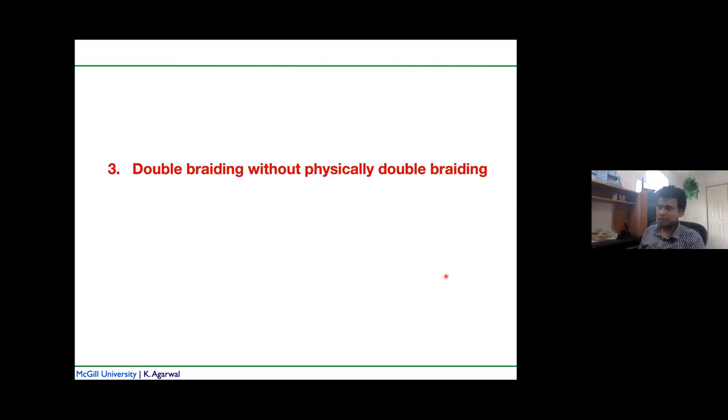Luckily, you can implement these double braids without actually physically double braiding Majoranas. And it turns out that the process is as robust as, the -1 that you get is as robust as you would get if you actually physically double braided Majoranas.